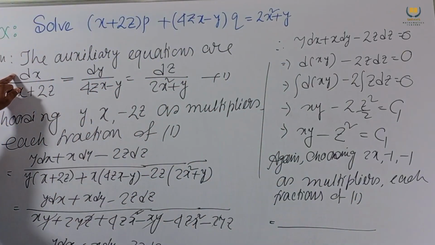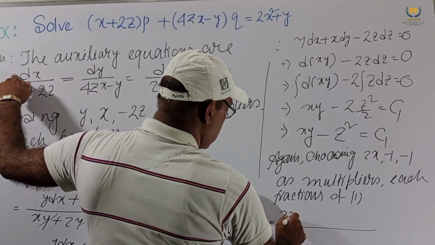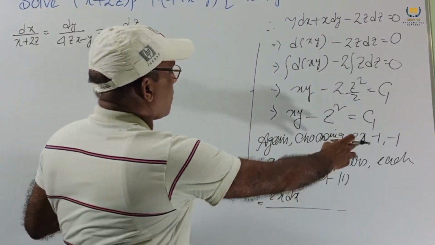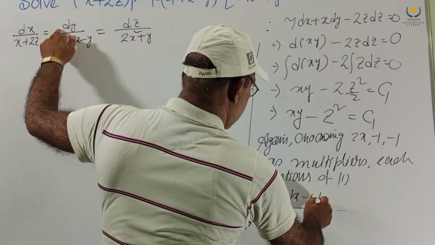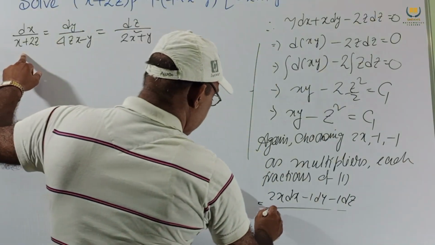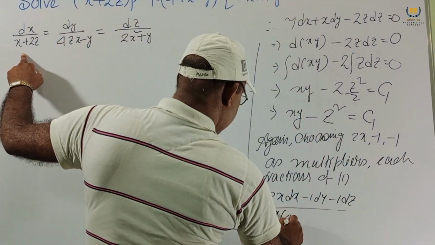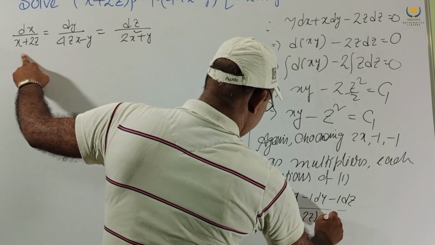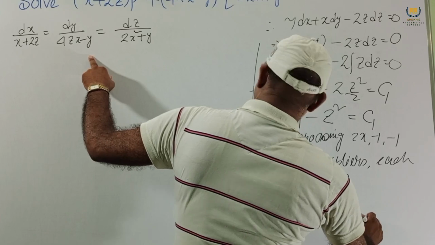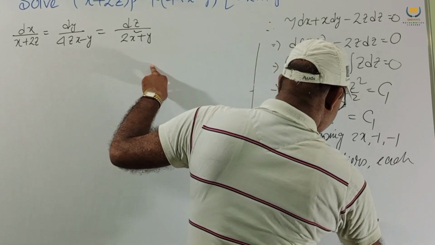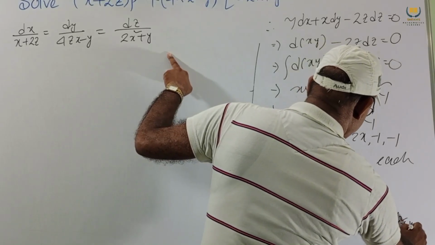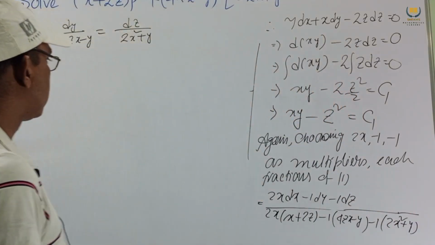So we multiplying this one by 2x dx, so 2x dx minus 1 dy minus 1 dz. So this is 2x into x plus 2z, minus 1 into 4zx minus y, minus 1 into 2x square plus y. This one we get.